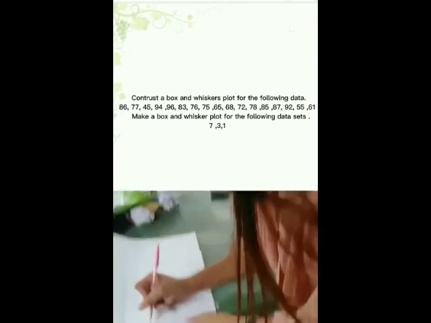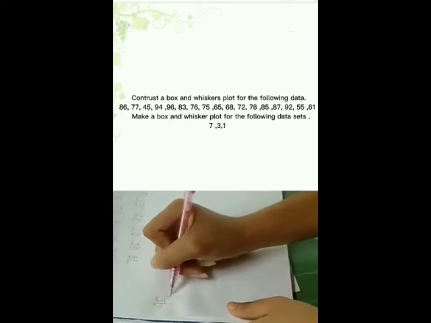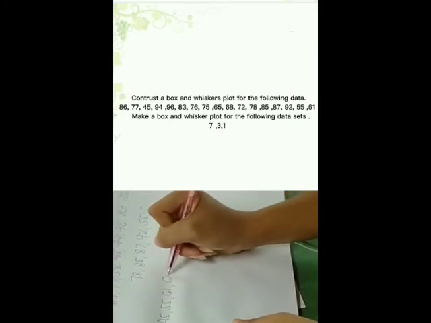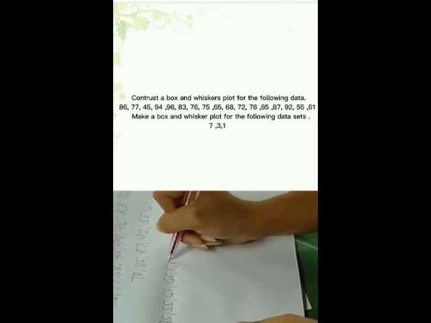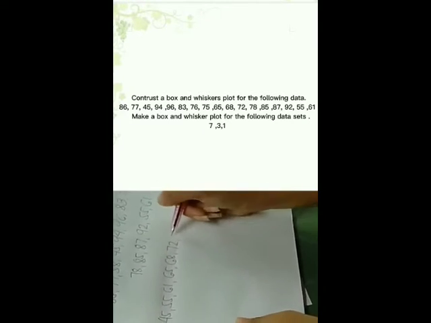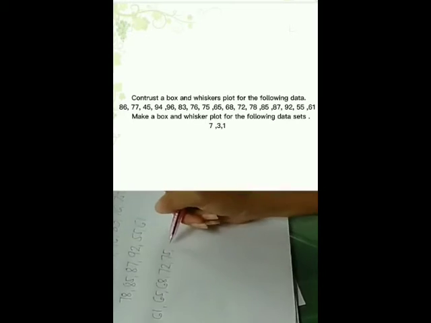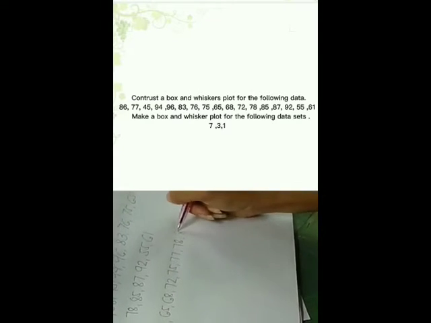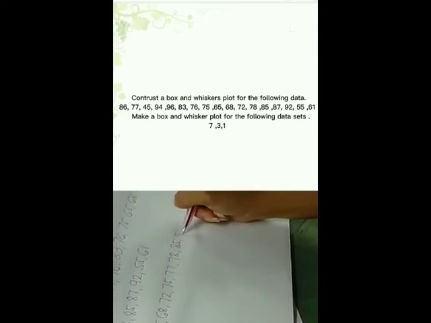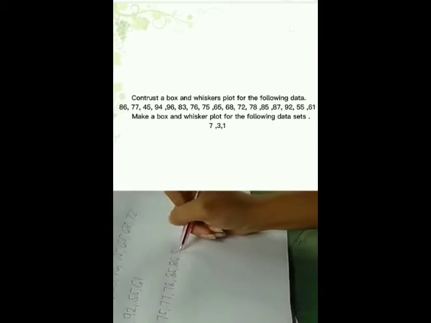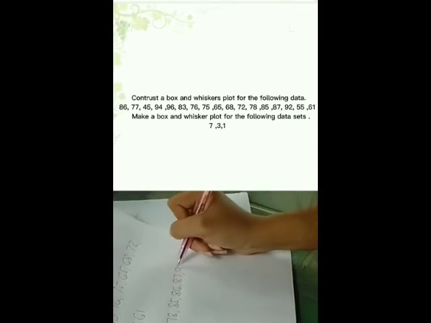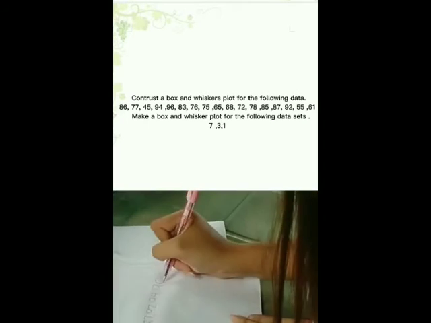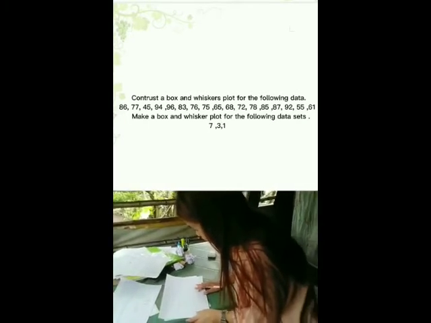Arrange from least to greatest: 45, 55, 61, 65, 68, 72, 75, 77, 78, 85, 86, 87, 92, 94, and 96.